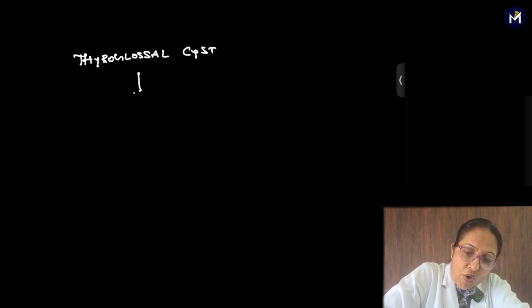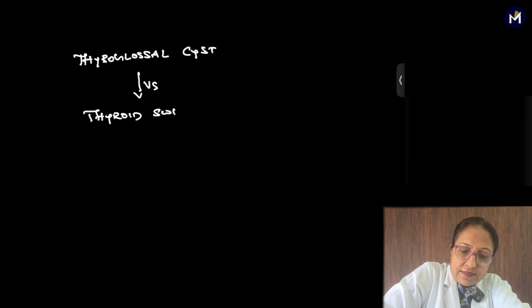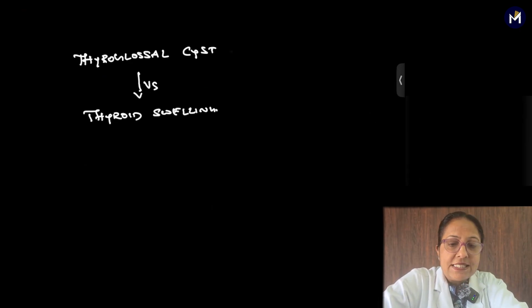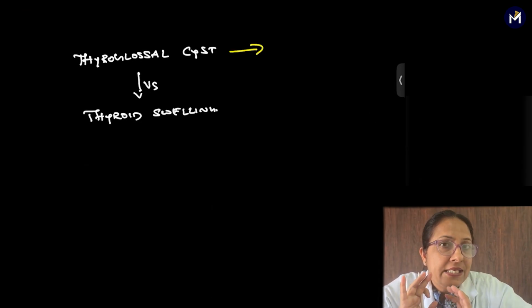So now to summarize, how do you differentiate thyroglossal cyst from thyroid swelling? Very simple. Thyroglossal cyst is mainly seen in young children.